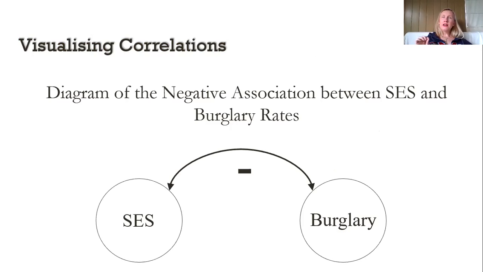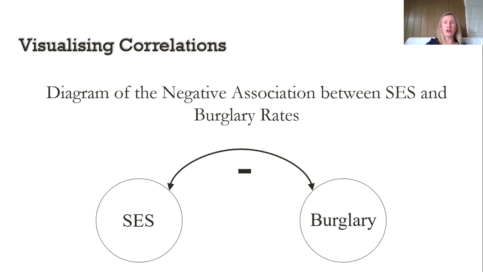Now, how would I demonstrate a negative association? So like I said, correlations can either be positive, from 0 to 1, or they can be negative, from -1 up to 0. If these 2 variables have a negative correlation or a negative relationship, then this is how I would display it as a diagram.